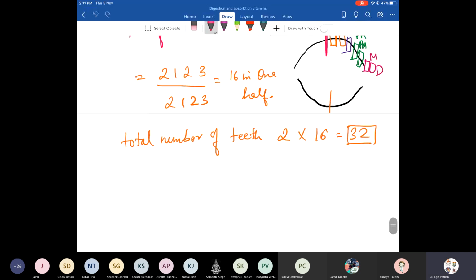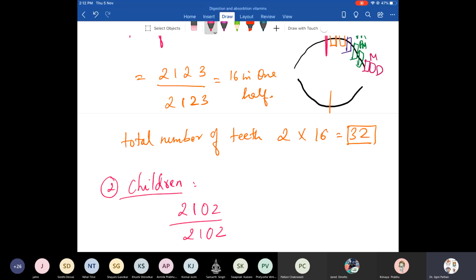So let us write down children: 2102 in the upper jaw, 2102 in the lower jaw.